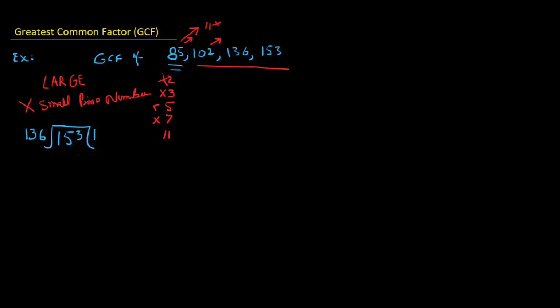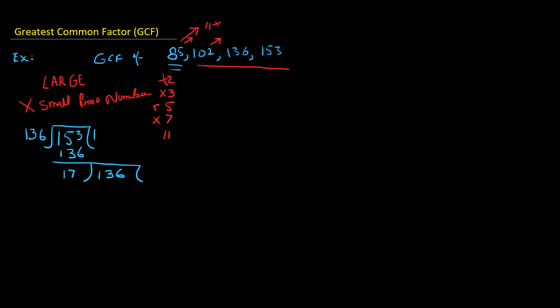It goes one time, 136, and we get 17. 17 is the remainder. Once we get the remainder, then we put 136, the second largest number, and divide it by the remainder of the first step.